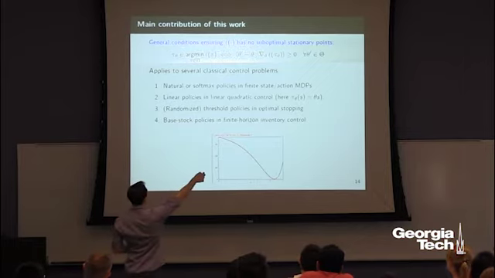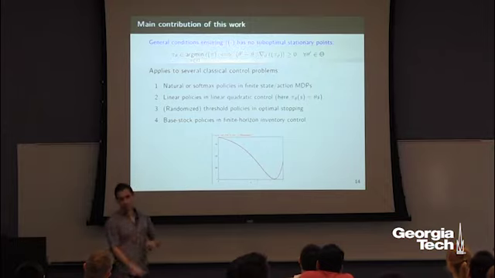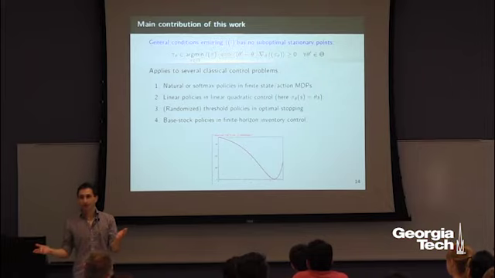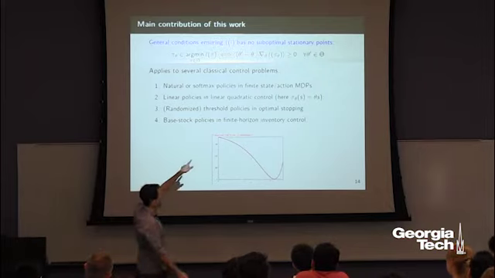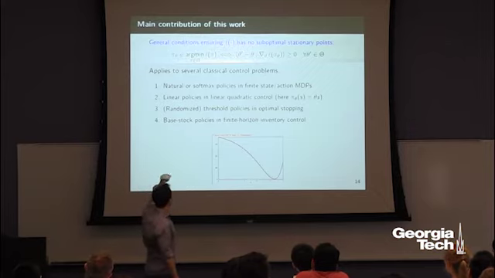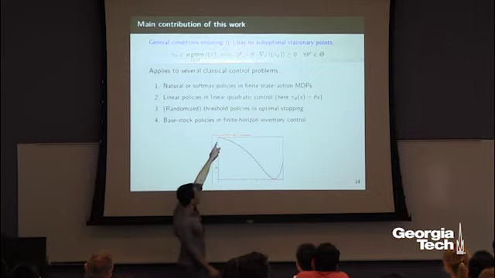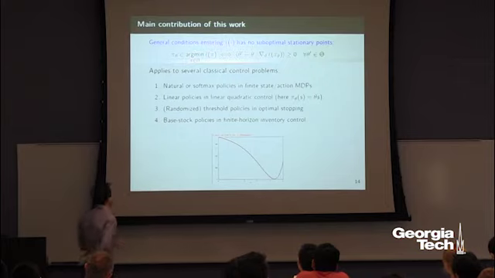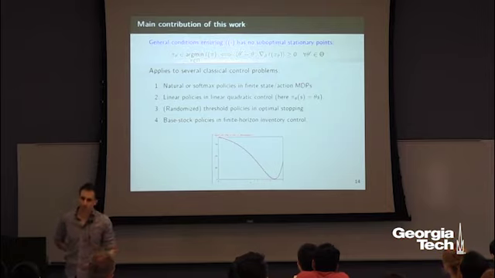All right, so these conditions apply to the problem I just showed, where you have the class of all possible stochastic policies. It applies to linear policies in linear quadratic control, to a certain class of randomized threshold policies in optimal stopping, and to base stock policies in finite horizon inventory control.